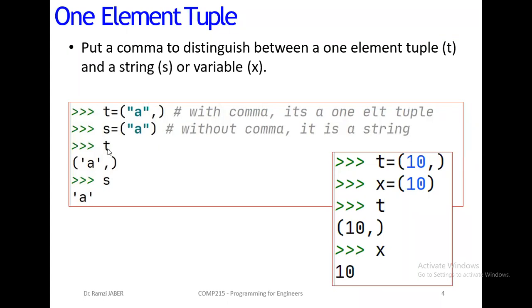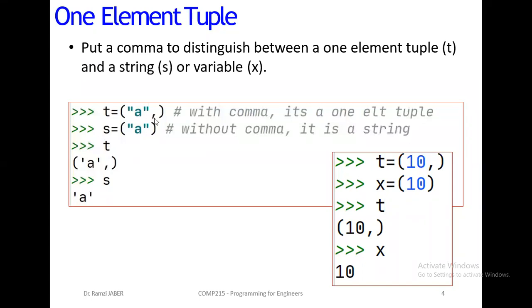So if I call t, here we have a comma. The output is between parentheses: one element a, comma, and a null element. But if I call s, the output is only a, no parentheses. Between t and s, the definitions are almost the same except for one comma.